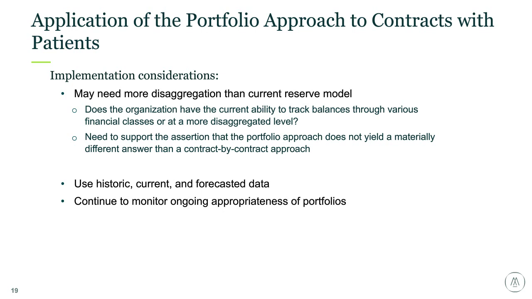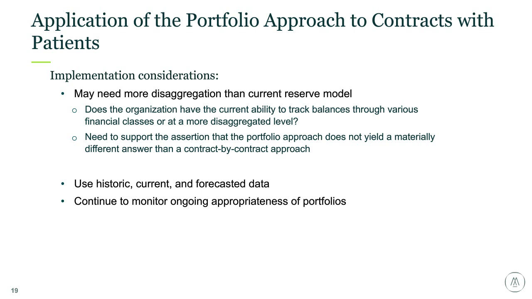When you think about implementation considerations, you may need more disaggregation for the portfolio approach than you have with your current reserve model. And really, the primary item, as we mentioned before, is you need to support the assertion that the portfolio approach does not yield a materially different answer than a contract-by-contract approach.